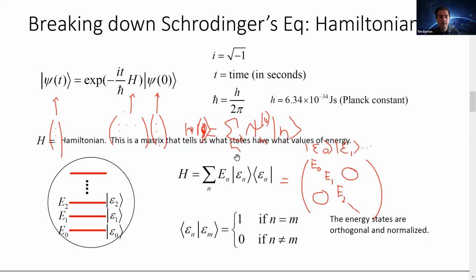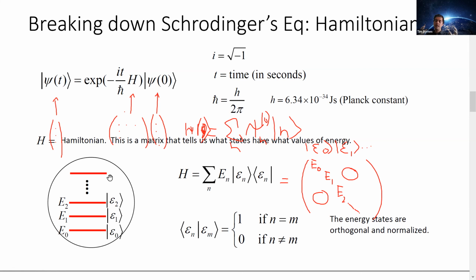But ultimately, any Hamiltonian you should be able to write down in this form, where it tells you what states have what energy. So this Hamiltonian is saying, well, the state E0 has energy E0, state E1 has energy E1, and so forth.